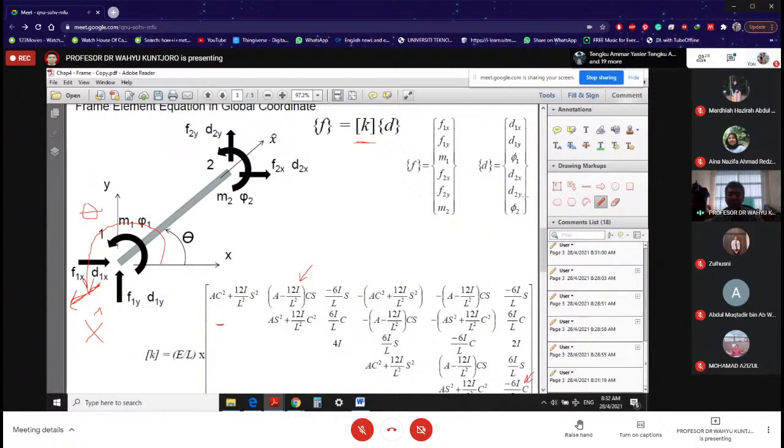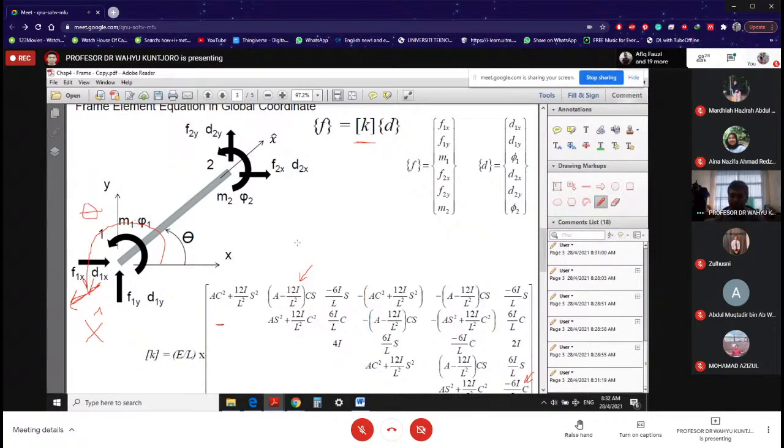So that's the way you are going to write your force and displacement equation. Why? Because now your X local is from 2 to 1. All right, so that is very important.